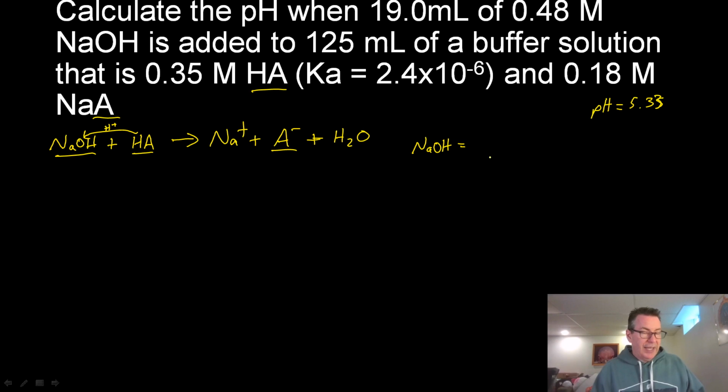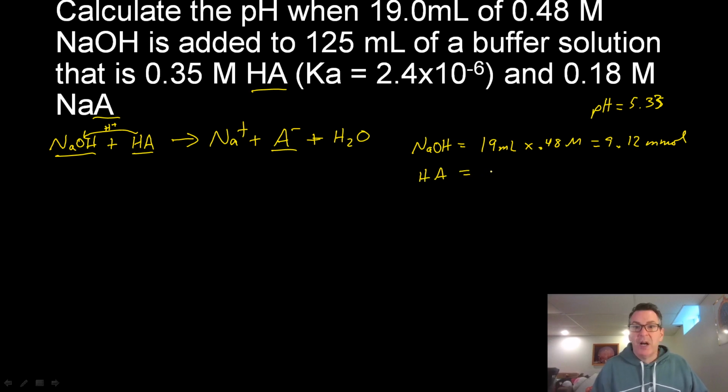So for the NaOH, it's going to be volume times concentration. I used 19 milliliters, and it was 0.48 moles per liter, and I got 9.12 millimoles of NaOH. All right, for the HA, this is the same as it was before.